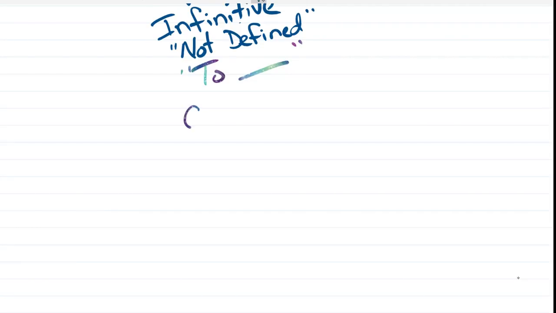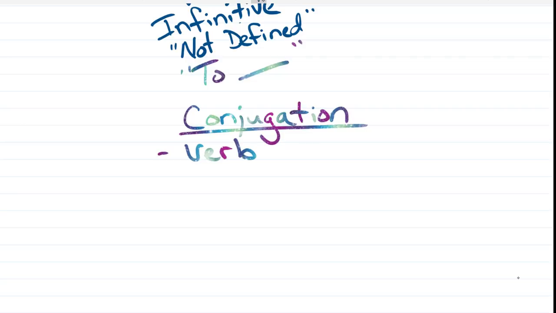And so if we look at these, what is a conjugation? Essentially, a conjugation is a verb group. Okay, and that verb group is just a grouping of verbs.